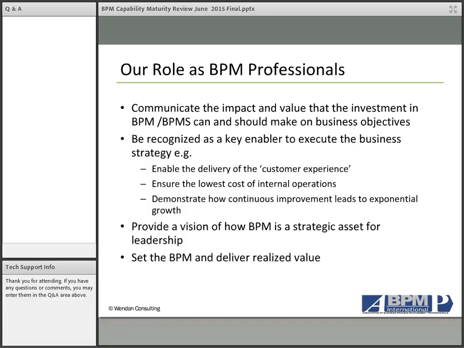In some cases they still use the BPM concepts and the BPM tools at a very low level, essentially as document management and just an advanced drawing tool.